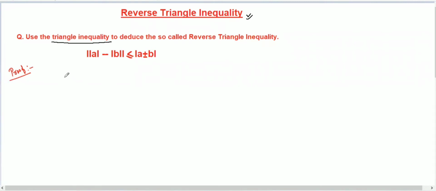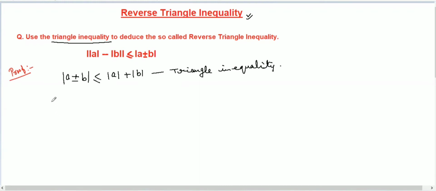The triangle inequality says the absolute value of A plus or minus B is less than or equal to the absolute value of A plus the absolute value of B. This is the triangle inequality.